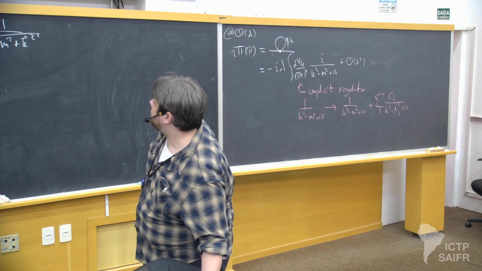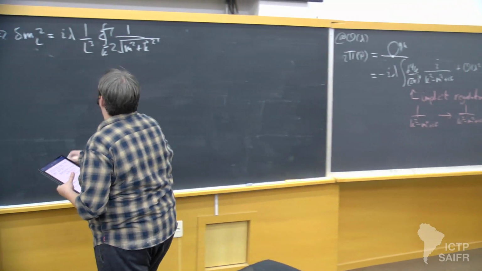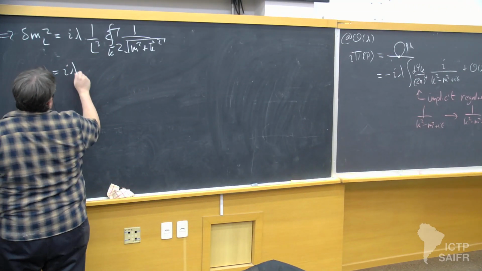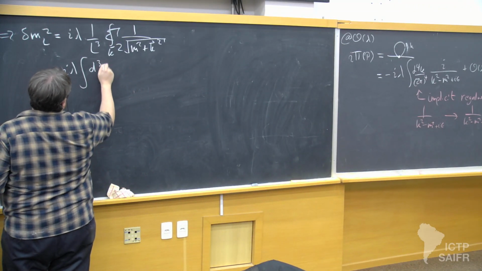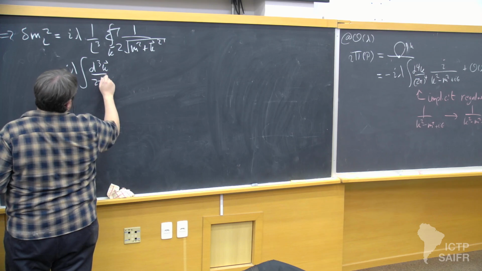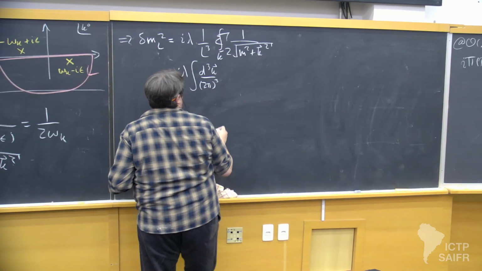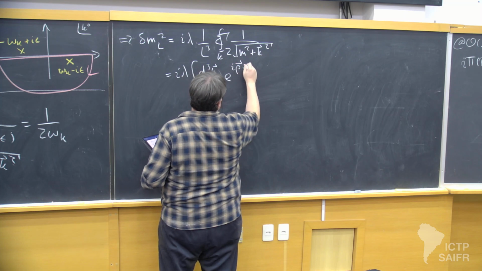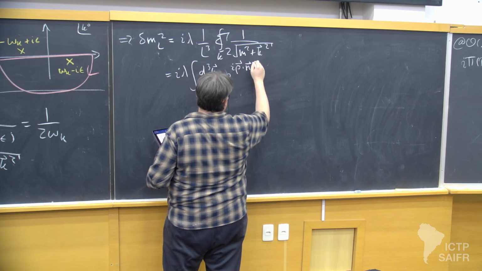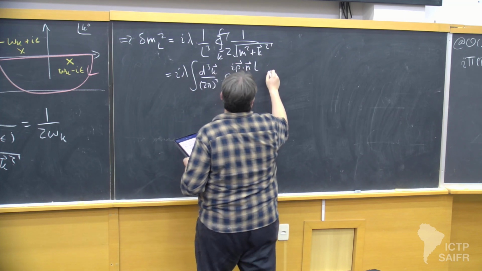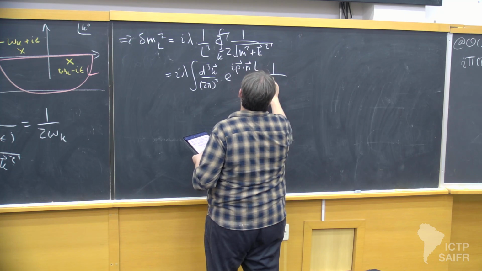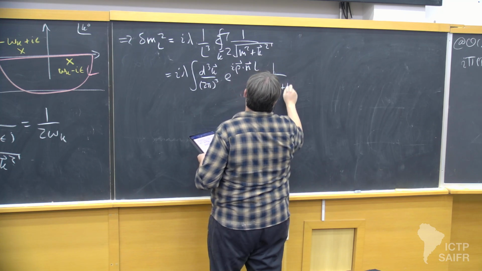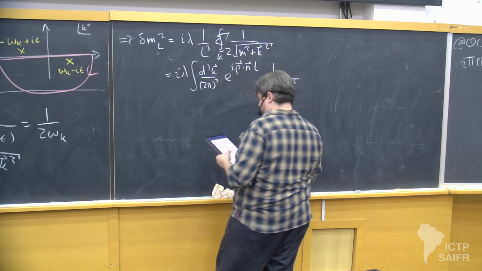So now I'm going to use the Poisson summation formula. So this is I, L, integral d^3k over 2 pi cubed e to the I k dot n L, 1 over 2 square root of m squared plus k squared.